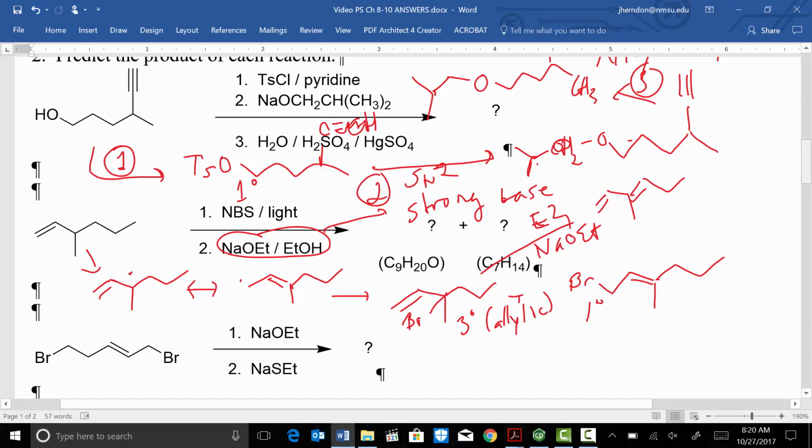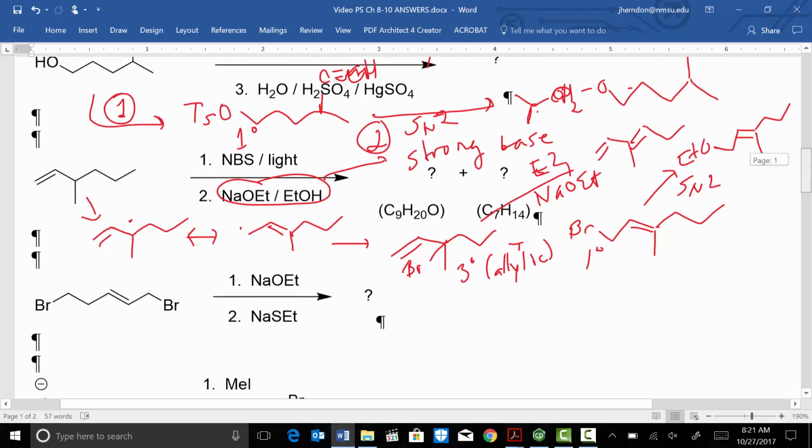Okay, and this is a primary halide, so when it reacts with NaOEt, it's going to do the SN2. And this is going to make the compound where the bromine is merely replaced by the OEt group, right? So it's going to make the ether. So the primary one's going to do the SN2, and the tertiary one is going to do the E2.